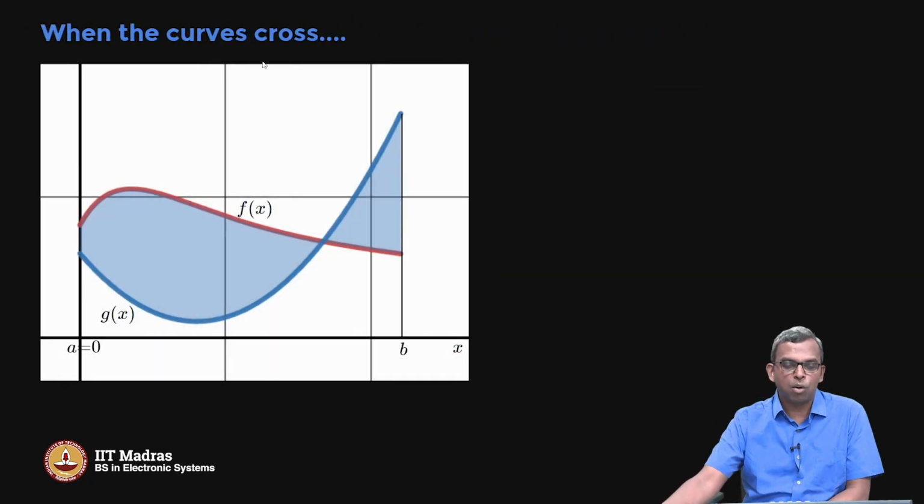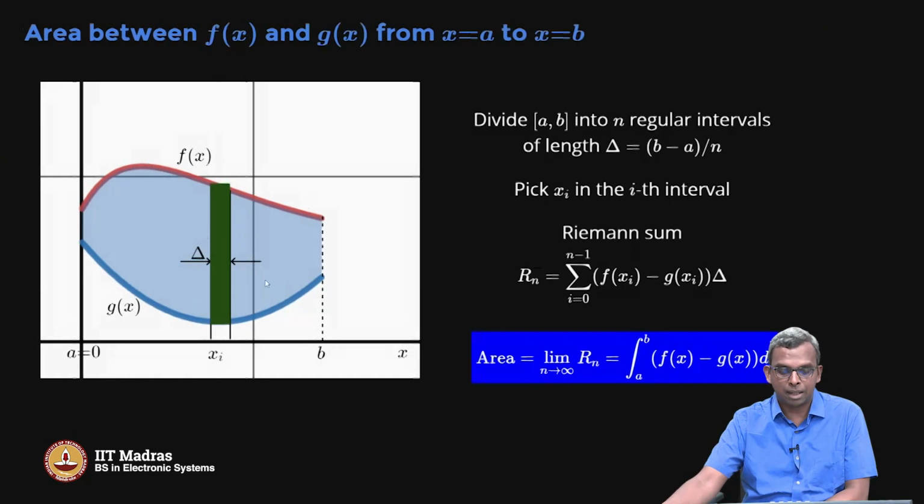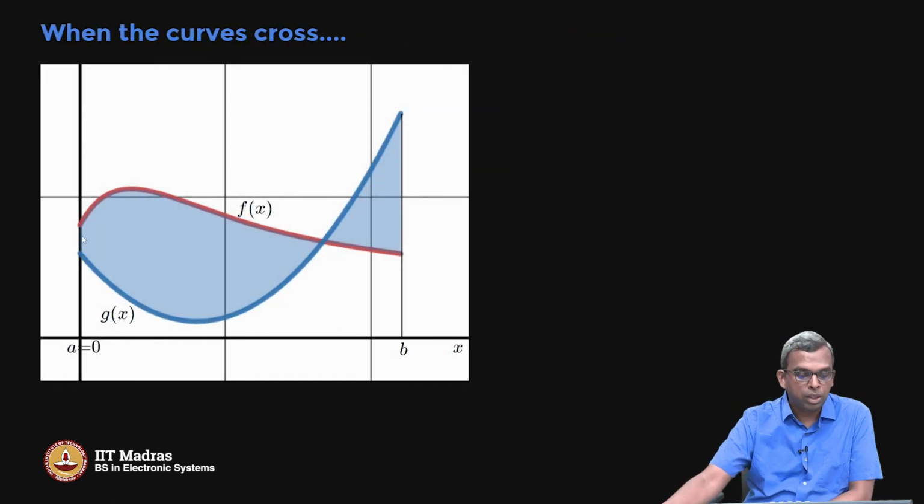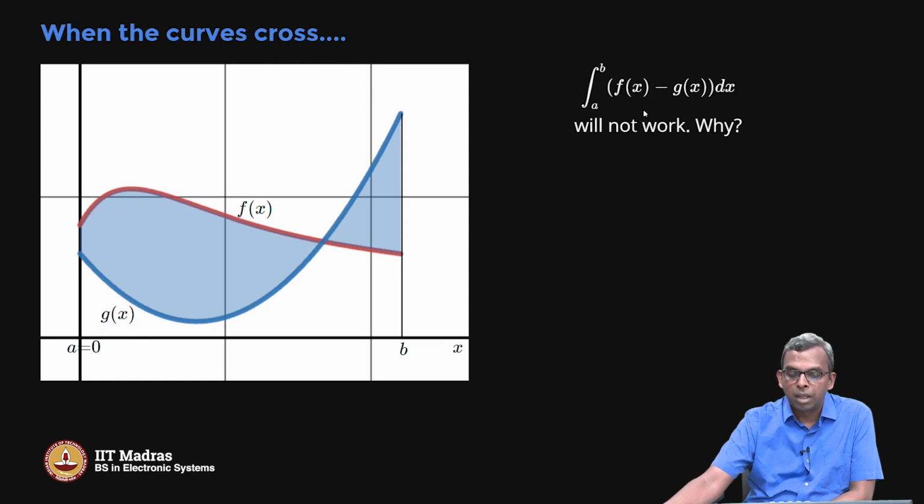So, here is a small variation here. What happens when the curves cross? Okay. So, previously in this example the curves did not cross, it was very easy to define the area. So, here when the curves cross, there is a small problem. I will tell you what that problem is. If you just integrate blindly f of x minus g of x dx from A to B, this will not work.